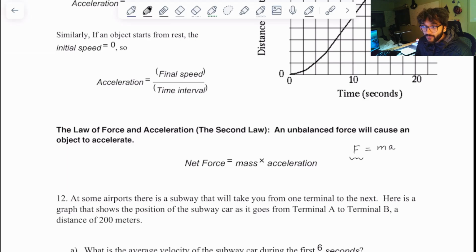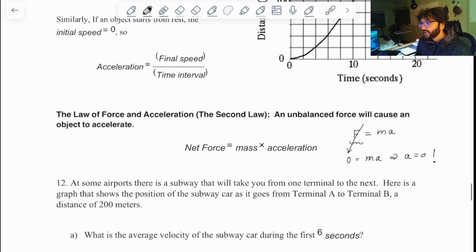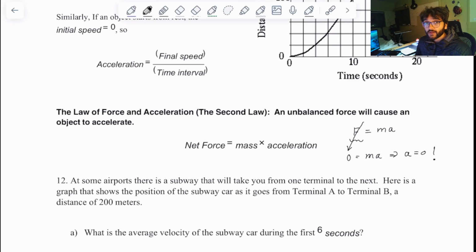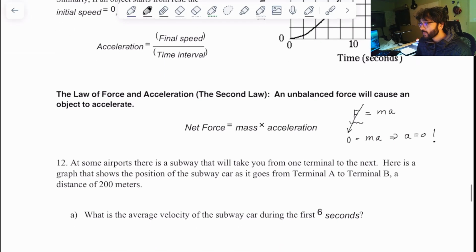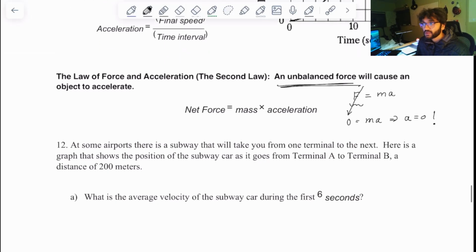This is the net force, right? And that is equal to mass times acceleration. So if you don't have any net force, this means 0 equals ma. This means that there is no acceleration, right? But if F is not equal to 0, that means there will be acceleration. When F is not equal to 0, that is what an unbalanced force is called, or we say there is some net force.